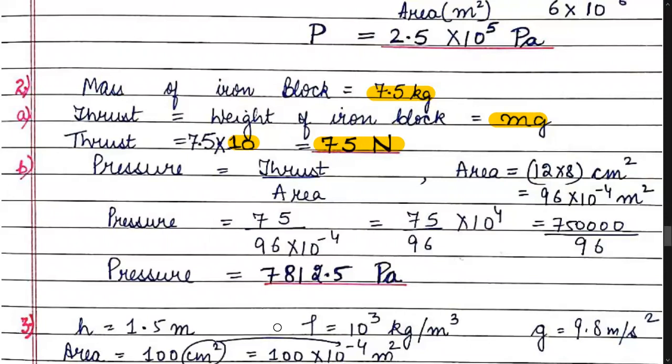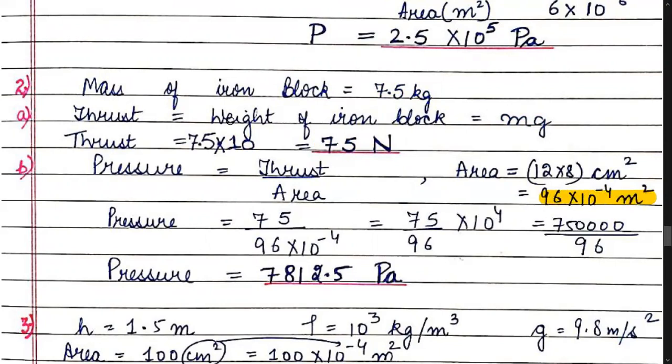And then we have to find pressure. So the formula of pressure is thrust upon area. So children, thrust we have already calculated, and area of the base of the iron block will be 12 into 8, that is 96 into 10 raised to power minus 4 meters square.